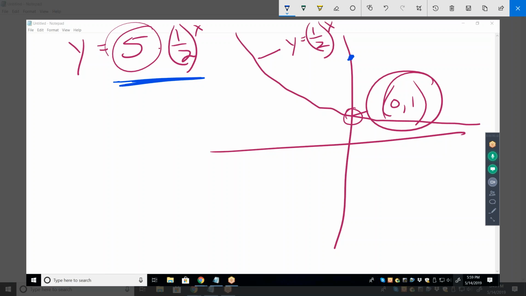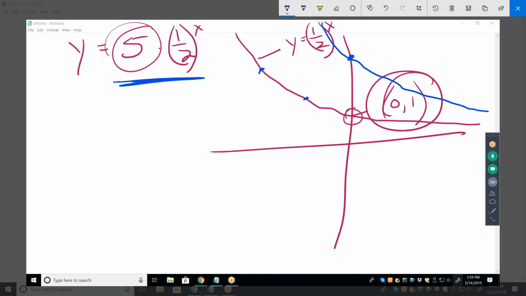And every point is going to be 5 times further away from the x-axis. So what I end up with is a different shape, but it still eventually becomes asymptotic with the x-axis. It's just vertically stretched.